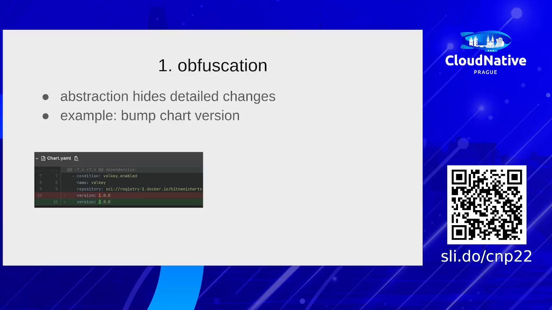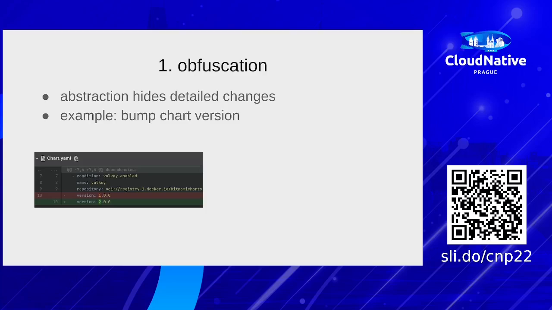When we are all DRY with Helm or Kustomize, we sacrifice visibility into what is actually deployed. For example, here you can see, or not, a bump of a subchart in my repository. And when I approve a merge request like this, this is really the only thing I will see.